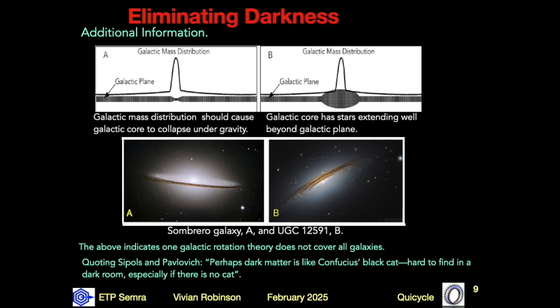That may seem fanciful to some, but I draw your attention to these two galaxies, Sombrero and UGC 12591. Their most obvious common feature is their stars extend way beyond their galactic plane. Their second feature is their outer reaches rotate at over 500 kilometers per second.